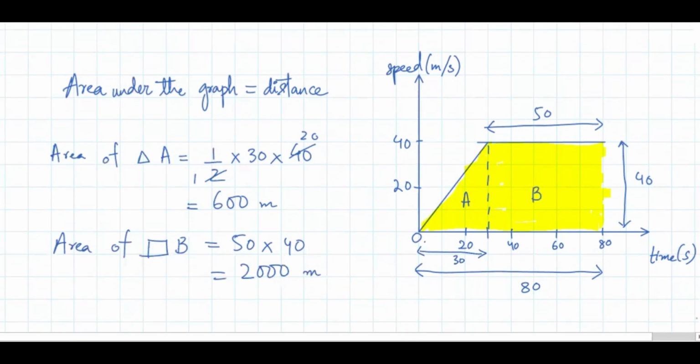And then the total distance is obviously the sum of the two, which is 600 plus 2,000, and that gives you 2,600 meters. So by finding out the area under the graph for this speed time graph, you can actually find out what is the distance traveled by the object.